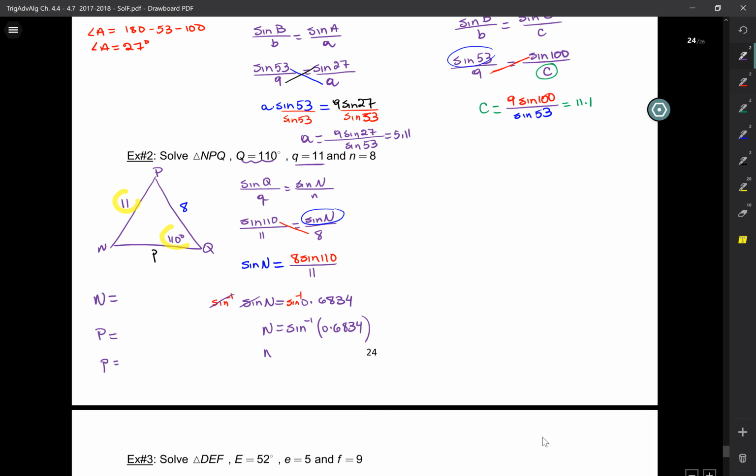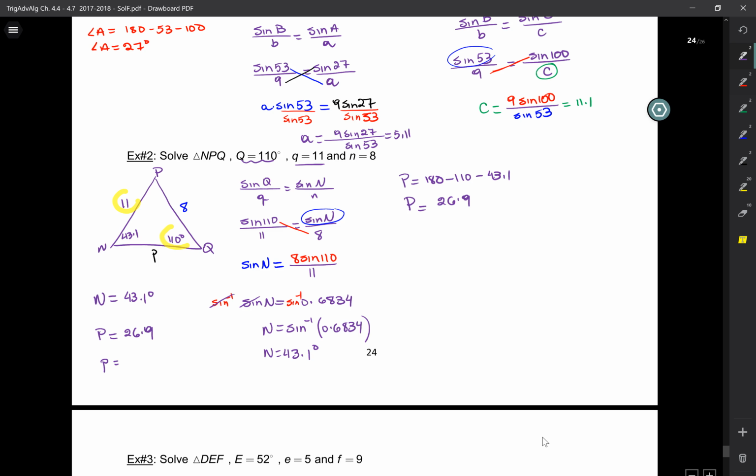That's 43.1 degrees. Okay, so N is 43.1 degrees. All right, let's put that here. What about P? Okay, so P is easier at this point. So for P, I only do 180 minus 110 minus 43.1, and P will equal 26.9.